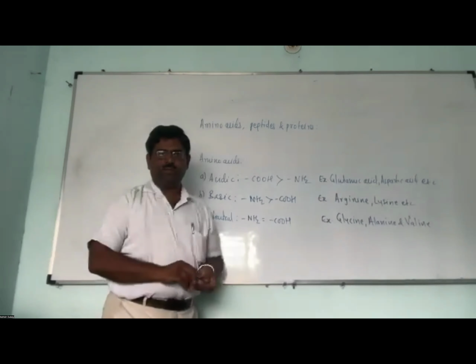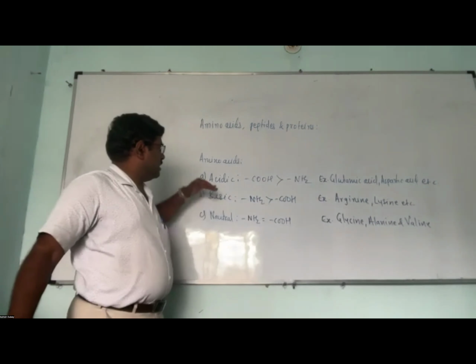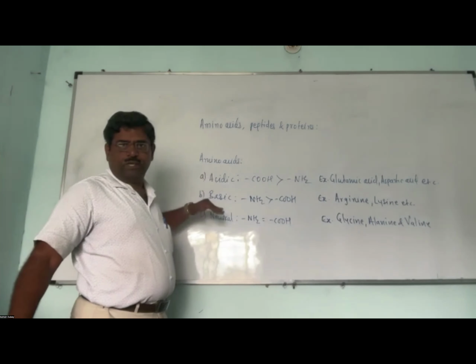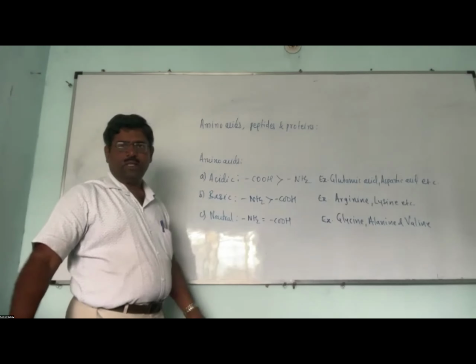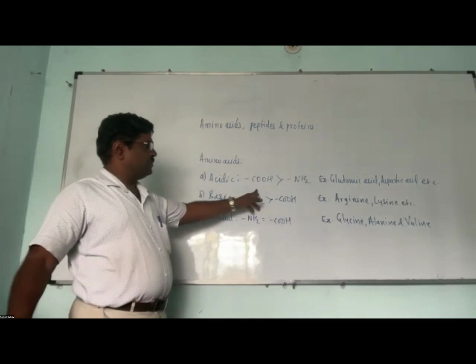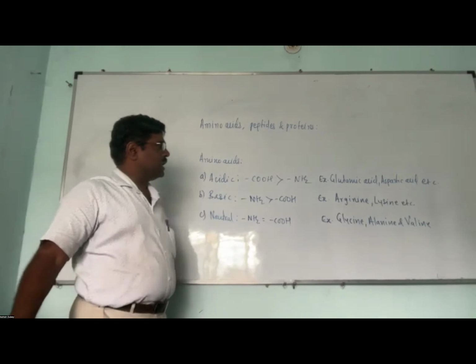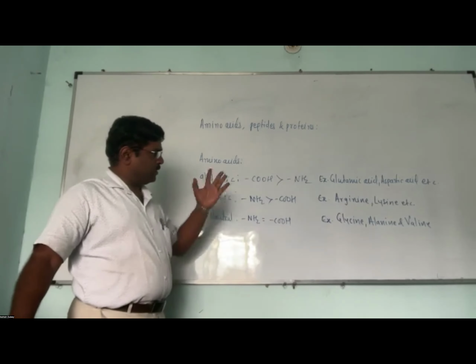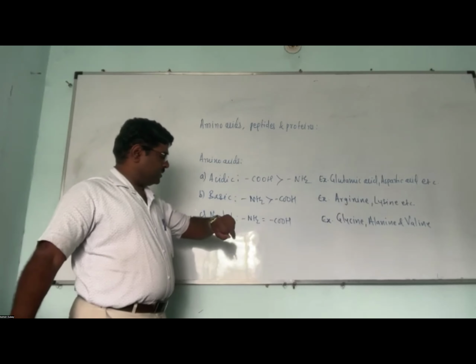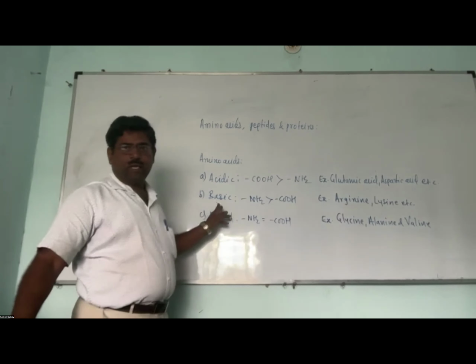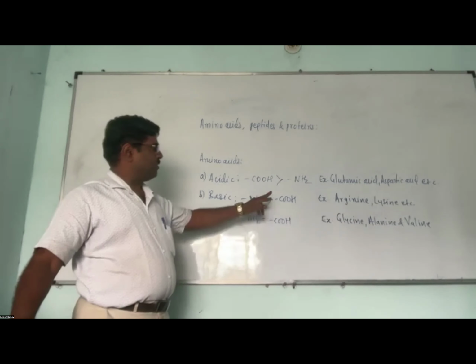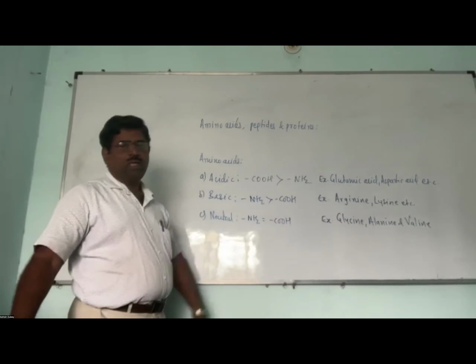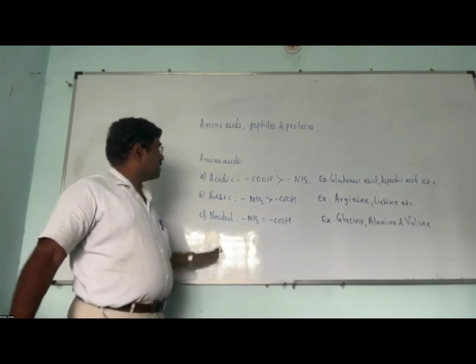Okay. So amino acids are classified as what? Acidic, basic, neutral. Acidic amino acids consist of more COOH groups than NH2 groups, for example glutamic acid and aspartic acid. Basic amino acids consist of more amino groups than COOH groups, for example arginine and lysine.